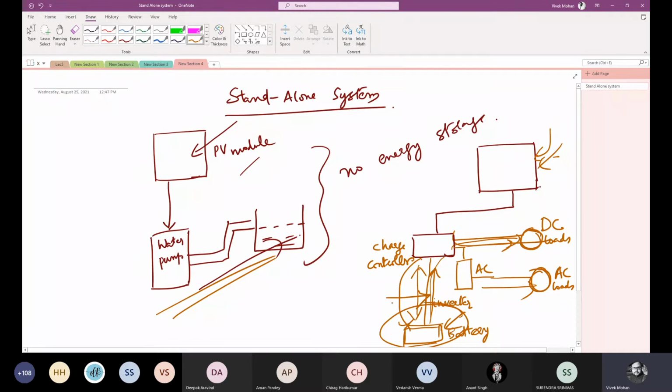Because if sufficient solar radiation is not there, and the battery state of charge is also low, so that it is not sufficient to power the DC and AC loads, then you may go for load curtailment, right? Some loads must be switched off. So the basic idea here is to match the generation and demand.